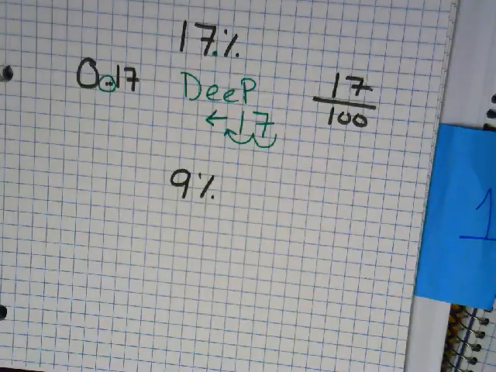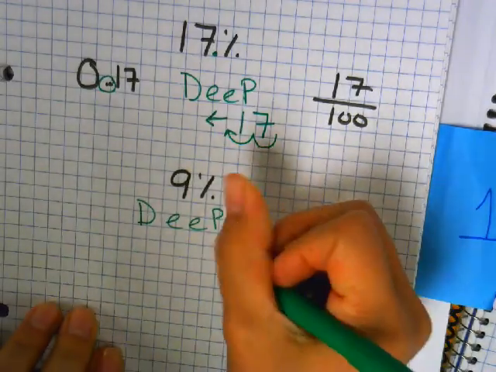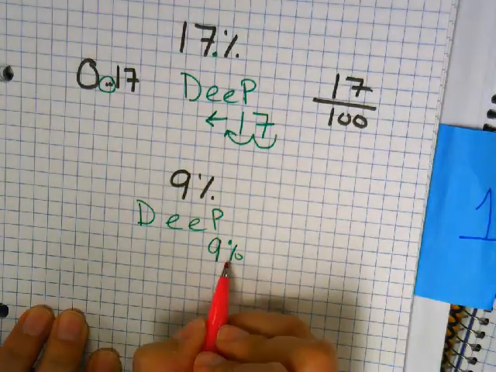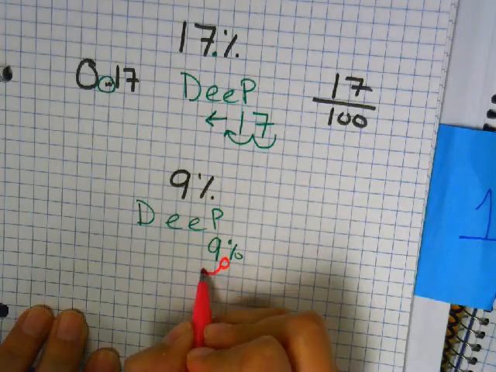9%. So, what would the decimal be of 9%? 0.09. Yes. Good job, Kyle. If it's 9%, the decimal's back here, so you're going to move it 2 times to the front. 1, 2.